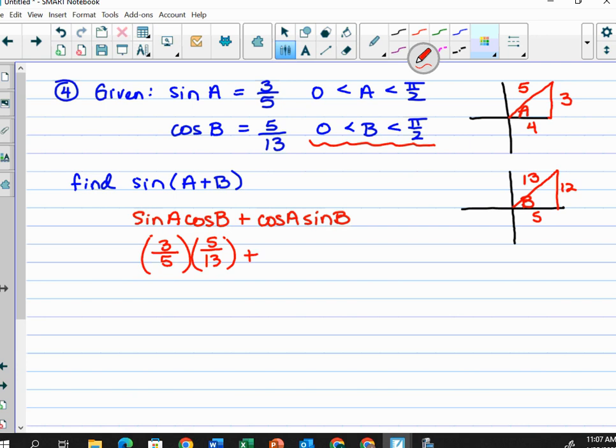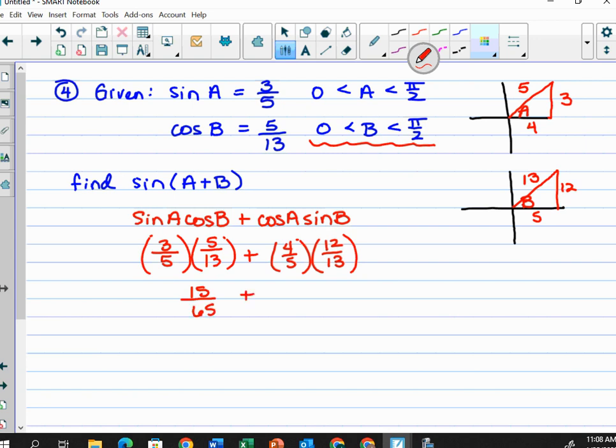Plus the cosine of A, 4 over 5, times the sine of B. Then you multiply. What is 3 times 5? Over what is 5 times 13?